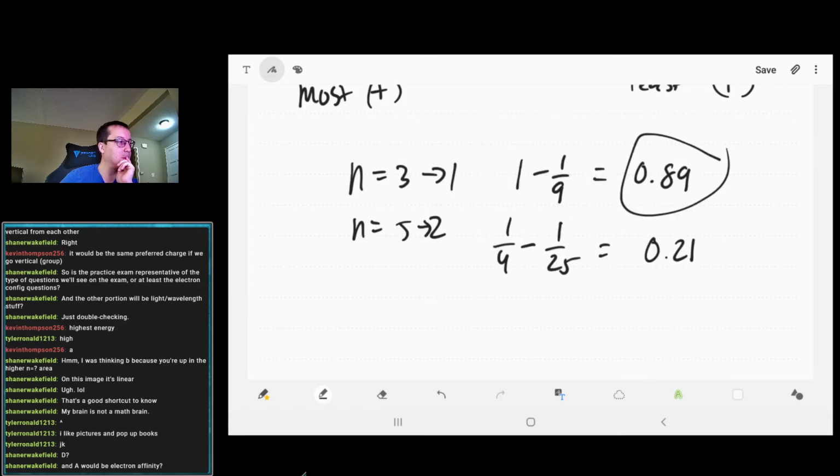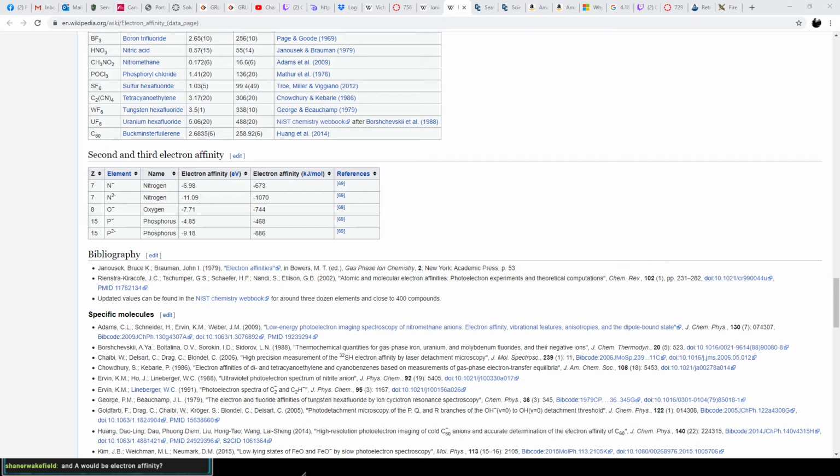Wait, why isn't this working? It's clearly something that is not common, but lo and behold, you're right, it exists. Here we go, we're on Wikipedia now. So it does look like there is a second or third electron affinity for a few things.